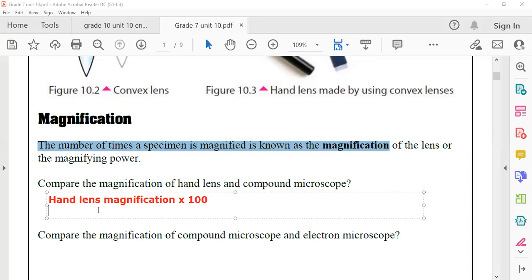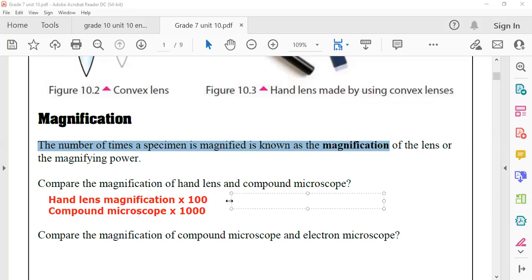About 100 millimeter. If you take a compound microscope, normally that is the one we call a microscope. Have you all seen a microscope? Yes, sir. The one where you keep one eye and see through. That can enlarge up to what size? 1000 times.